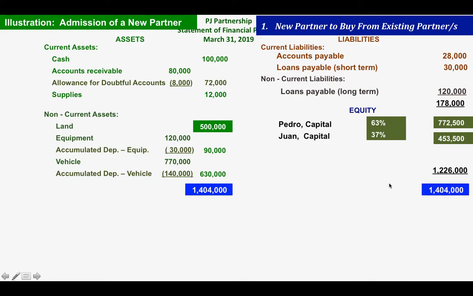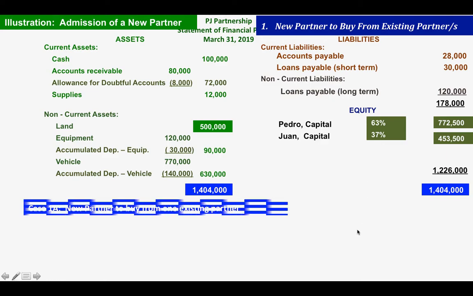So now the updated profit and loss ratio based on this capital contribution or updated structure of their capital is now at 63% and 37%. Okay? So first we are going to illustrate case 1A, new partner to buy from one existing partner.